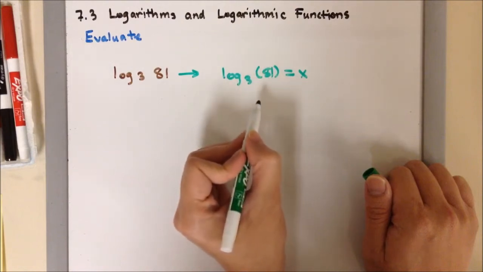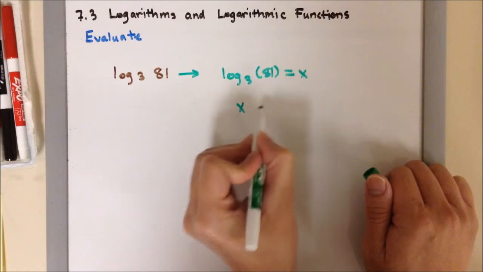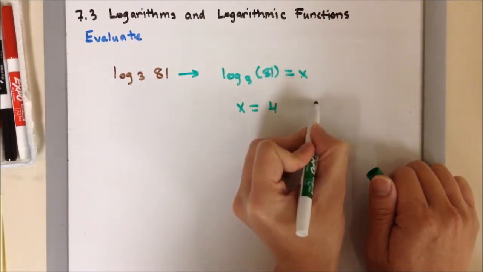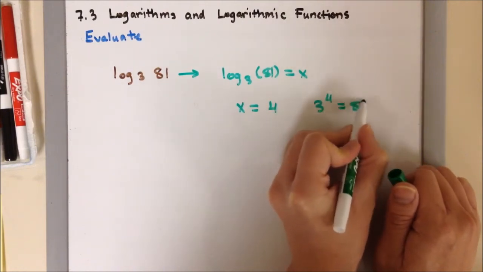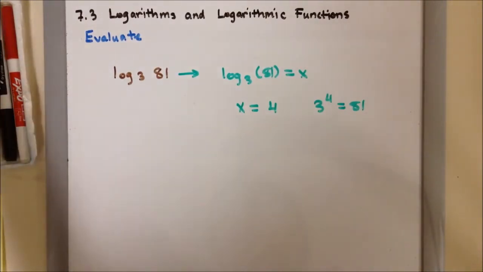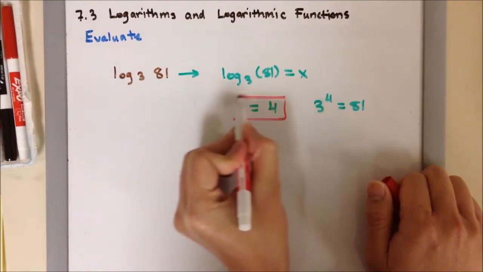And the only thing that we can think of is 3 to the fourth power equals 81. So x equals 4. Because if you were to rewrite it, 3 to the fourth power equals 81, that's true. So therefore, x equals 4. And then here's my final answer.